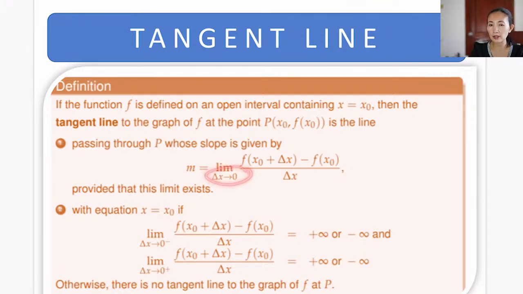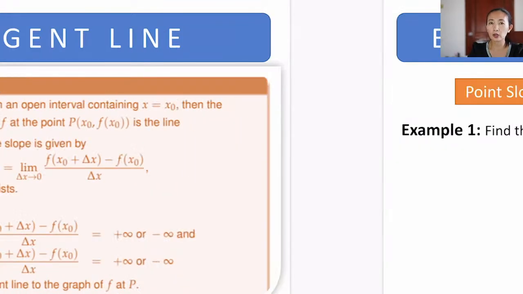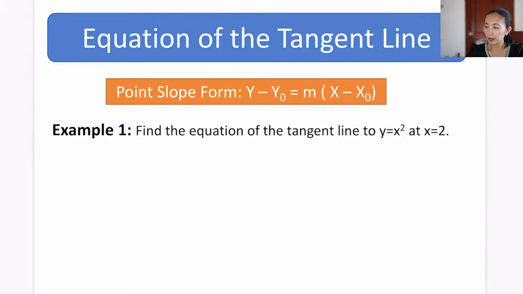So if you are asked to find the equation of the tangent line, then you can simply make use of the point slope form. Recall your point slope form: m here is the slope, and x sub 0, y sub 0 is a point on the line.